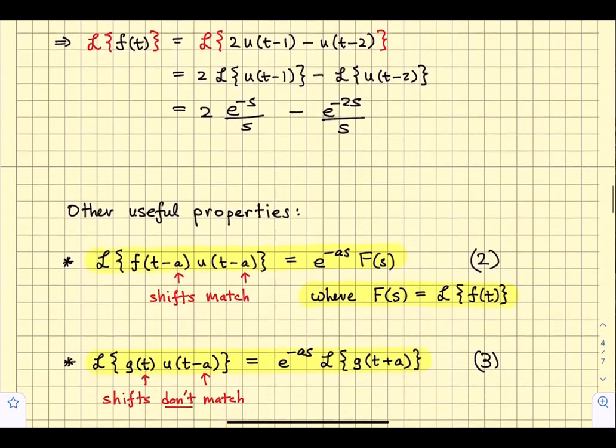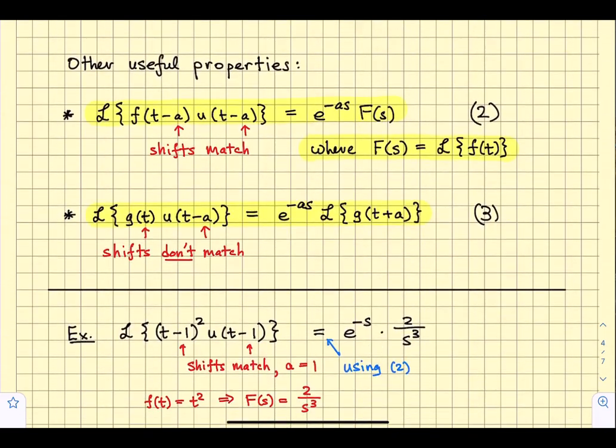Now, some other properties or new theorems that we want to add to the list come in two flavors. Let's at least talk about number 3 first, and then we'll go back to number 2. Think of this as we've already found the Laplace transform of u of t minus a. So the question is, what happens if you have a u of t minus a and it is multiplied by a function?